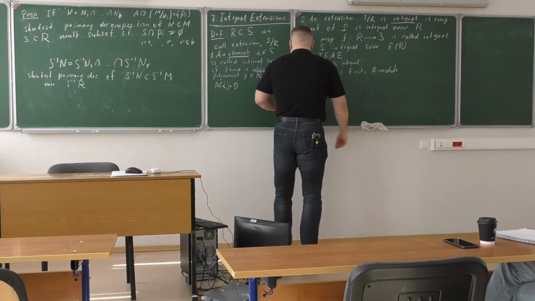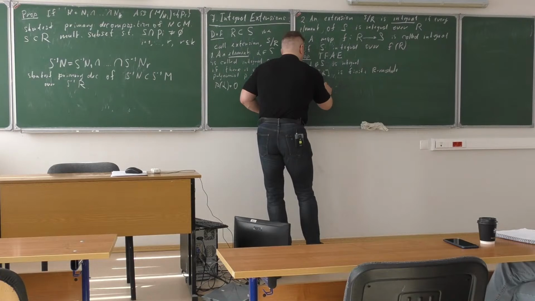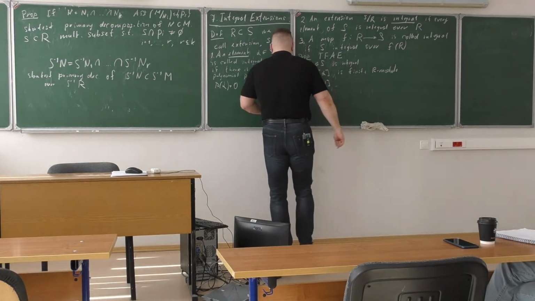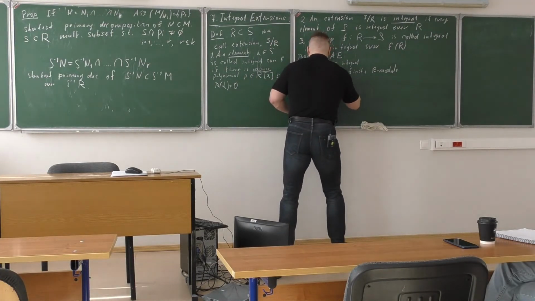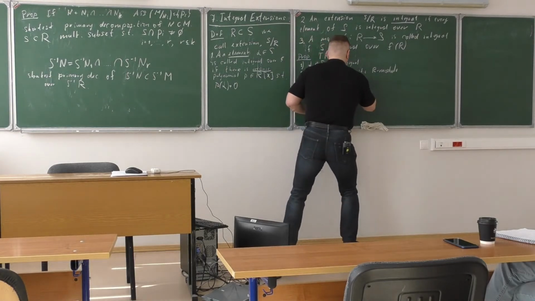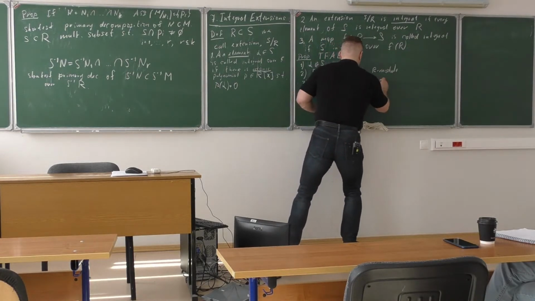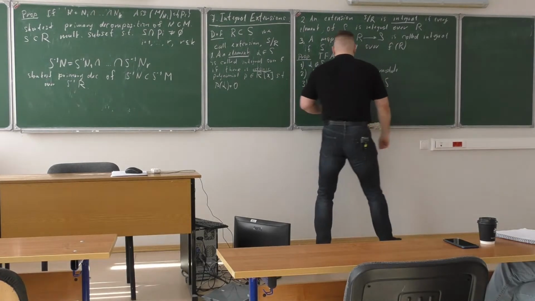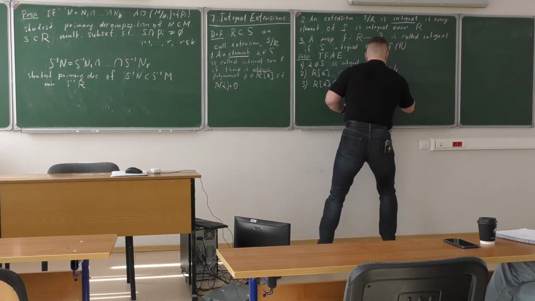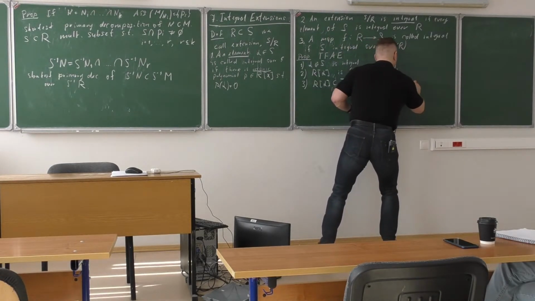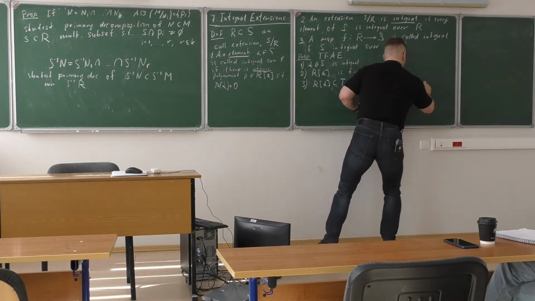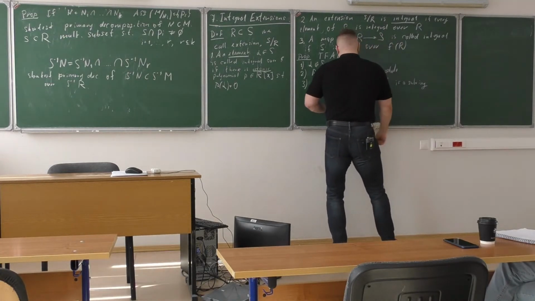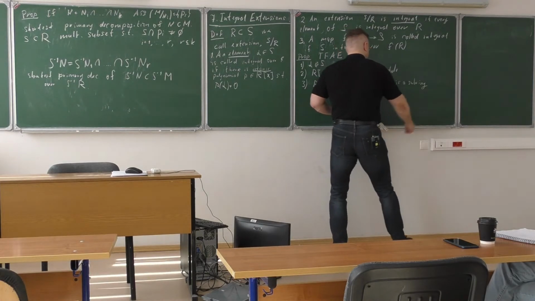Condition 3: R[alpha] sits inside some T, where T in S is a subring finite over R.